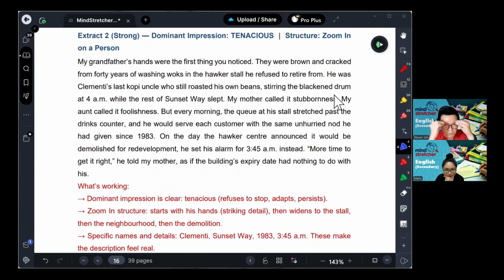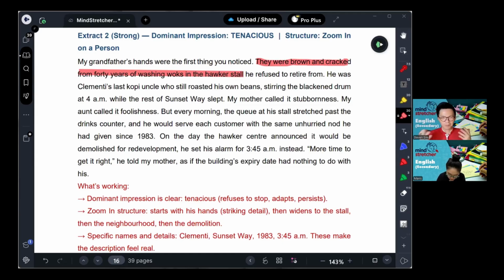So, dominant detail. My grandfather's hands were the first thing you noticed. What's the dominant detail? They were brown and cracked from 40 years of washing woks in the hawker stall. Okay, now that's the dominant detail, and based on that, we can zoom out.